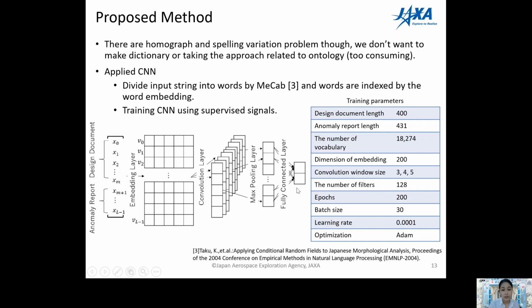As the output, we can observe whether this combination is meaningful or not. We train this convolutional neural network using the supervised signal, which I mentioned before, like human judgment of positive or negative relation of the two combinations.